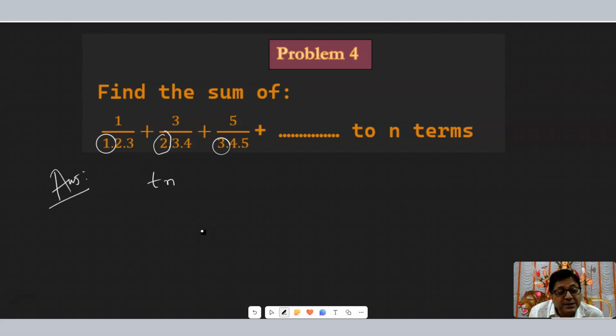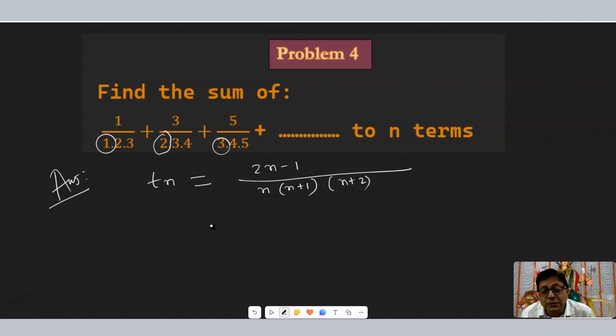Let me complete this. Tn you write, see 1, 3, 5, its nth term, all of you know, 2n minus 1. And here 1, 2, 3, nth term is n, this is n plus 1, and this is n plus 2. N is coming over there. So that method, if we write the difference, it will not work, at least in the beginning.